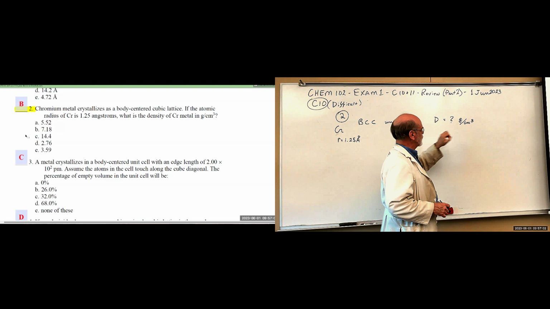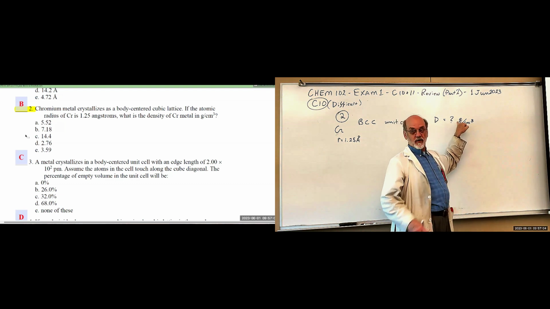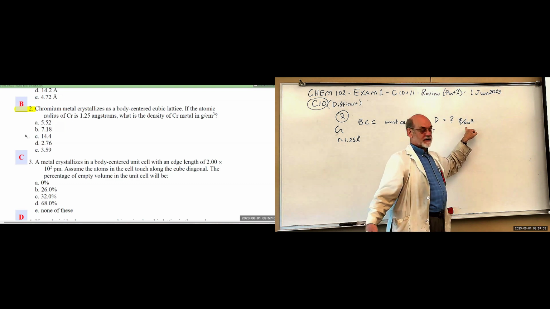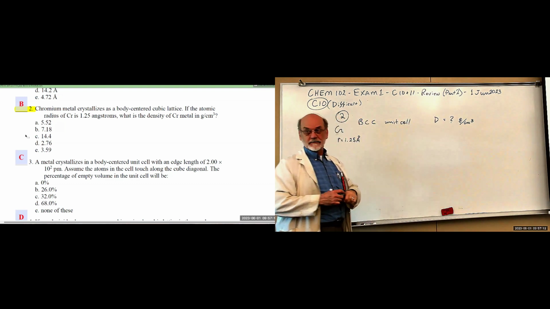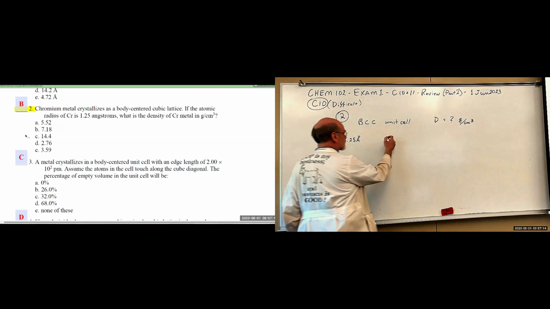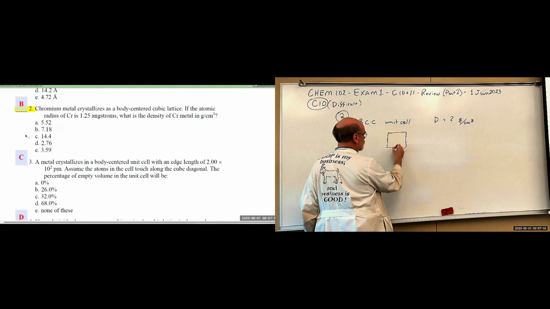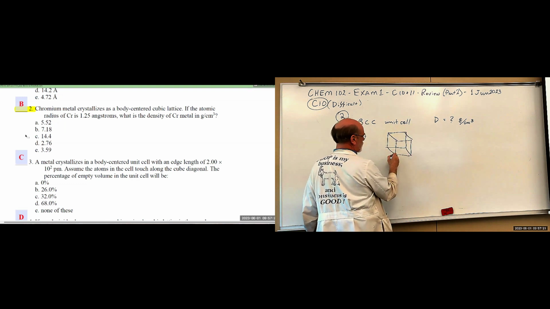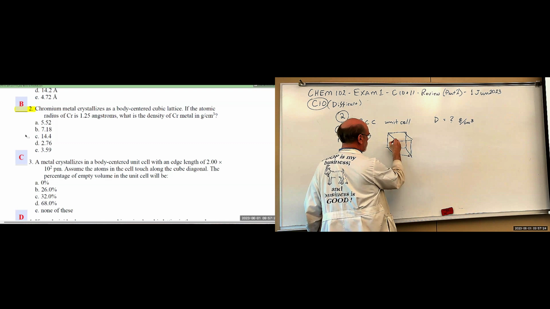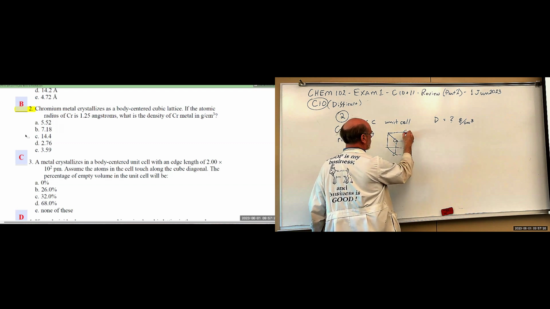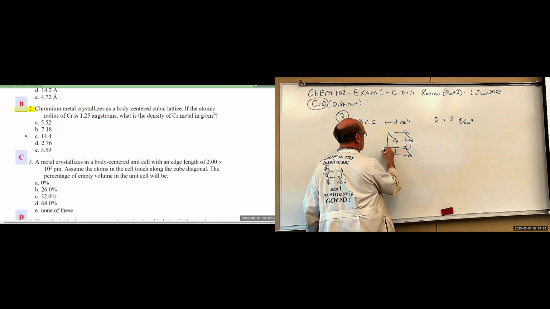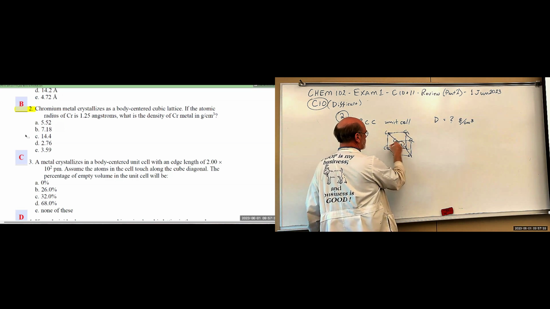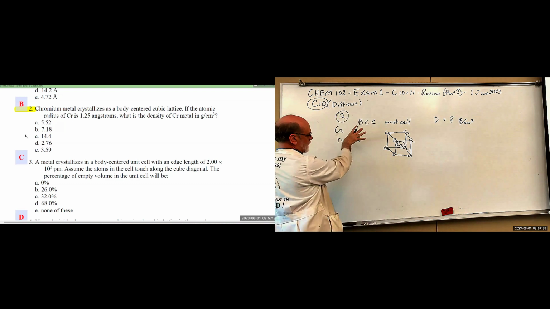So we're going to need two values. We're going to need the mass of chromium and the volume that that mass represents. That's where this unit cell comes in. Okay, so our unit cell is going to be a cube right there. We're going to have chromium here, chromium there, there, there, there, and we're going to have a chromium right in the middle, body-centered cubic.